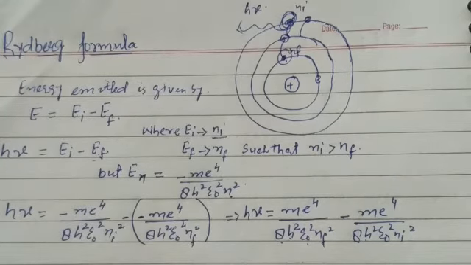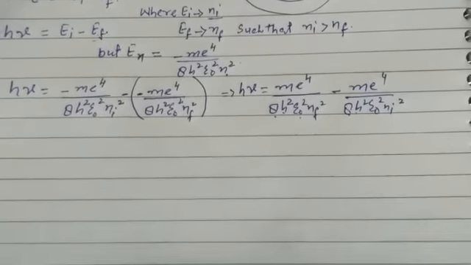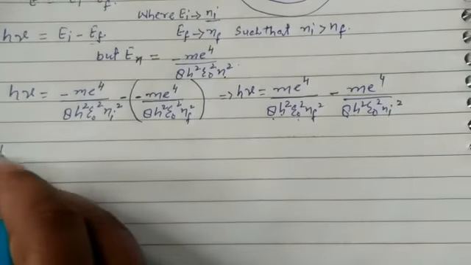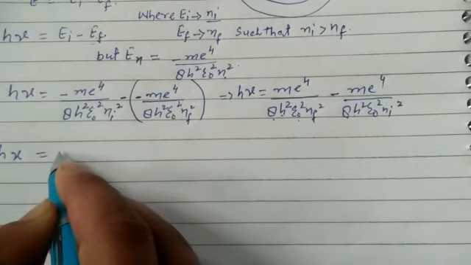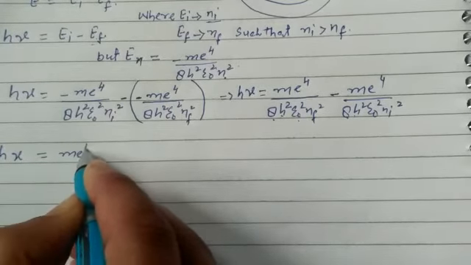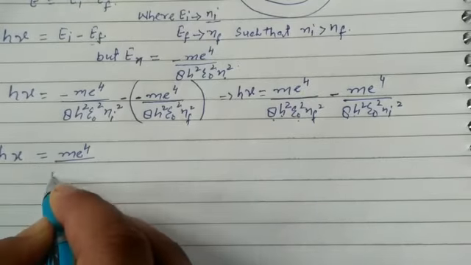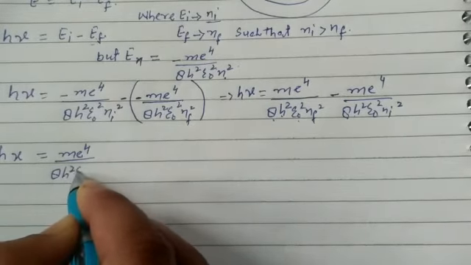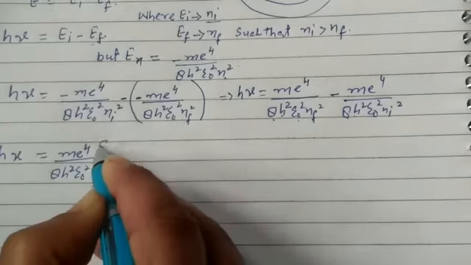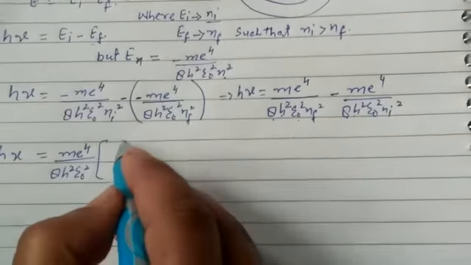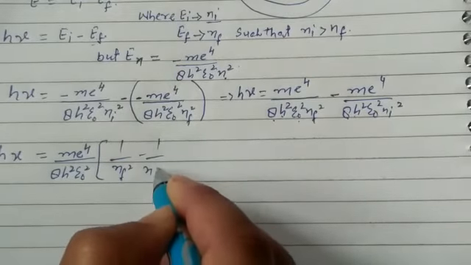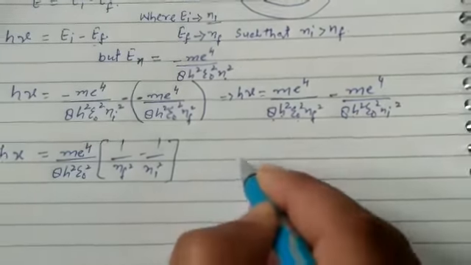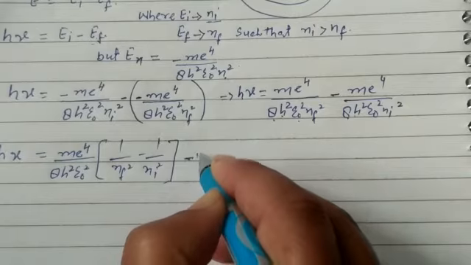Then it becomes h nu equals to m e to the power 4 over 8 h square epsilon naught square, times 1 over nf square minus 1 over ni square. Let this be equation first.